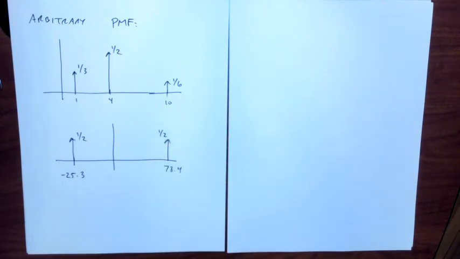This is still a discrete random variable because there are only 2 outcomes, and they add up to 1. It's okay if on the x-axis I've got some weird number, as long as I don't have so many of them that I can't count them on my fingers. So just to make it clear that this is okay.